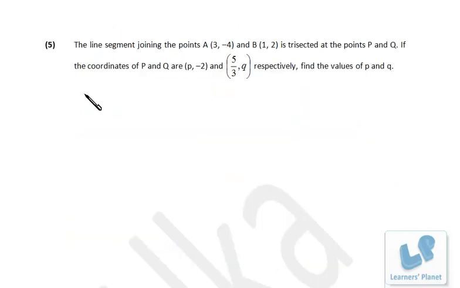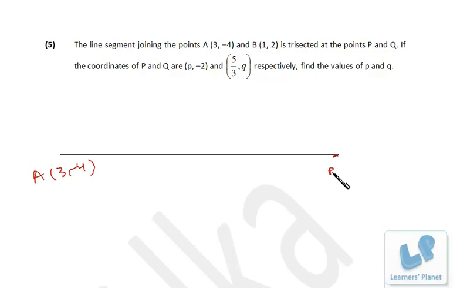Now this question: the line segment joining the points A and B is trisected at the points P and Q. If the coordinates of P and Q are these, find the values of p and q. Now let's see, I draw the line. This is point A, that is 3, minus 4.